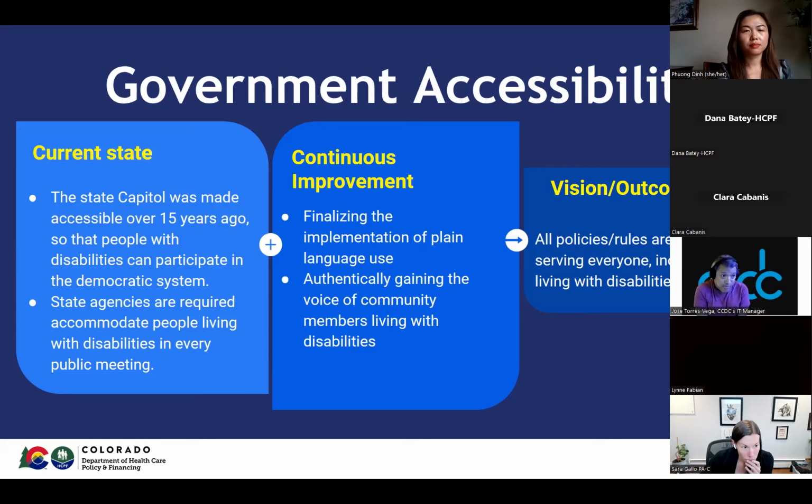So our vision for the future, all policies and rules are focused on serving everyone, including people with disabilities. And we say including people with disabilities, but I want to make this point clear. When you make something accessible for someone with a disability, in fact, you're making it accessible for everyone. So I'll give you an example.